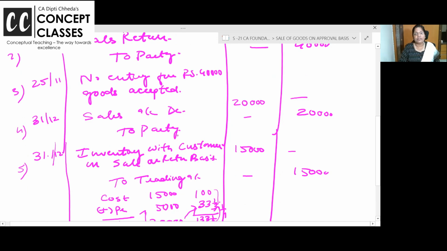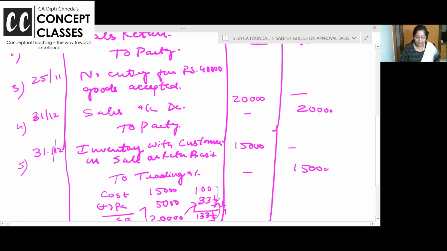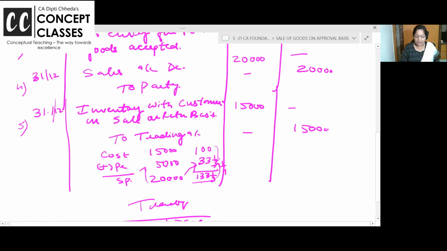Sales to party for the goods which have come returned. And last one is stock with customer on sale on return basis to trading account. My goods lying with you at 15,000. Is the flow of the problem clear?